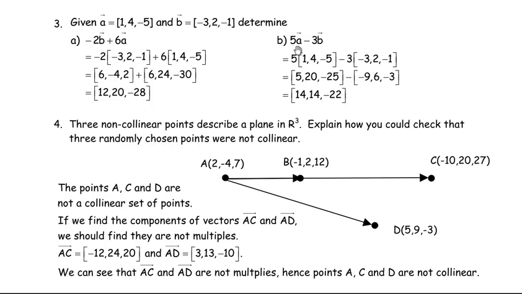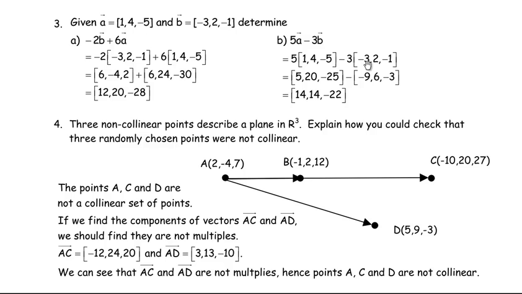For b, 5a minus 3b, so 5 times vector a, minus 3 times the b vector. So I distribute the 5 in here. And now, there's two ways you can do this. I just distributed 3 in and left this as subtraction. If you wanted to change that to a plus, you could distribute a negative 3 in. It will give you the same answer.